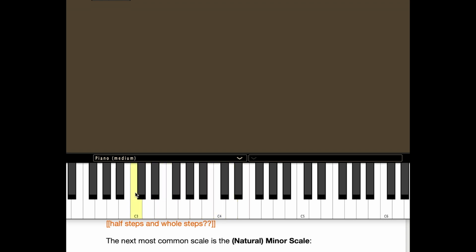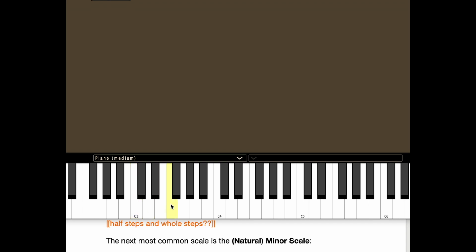So you notice that there's a set of 2 black keys here and 3 black keys here with no black key in between B and C and E and F. Thus, it helps you find, for example, where C is, because it's the note right below the 2 black key section.